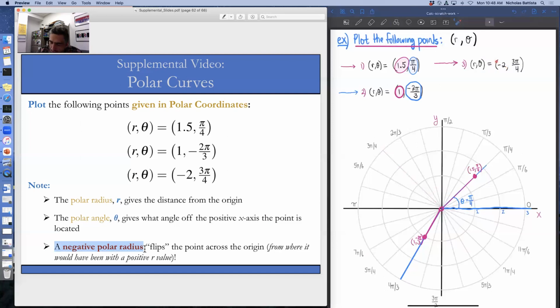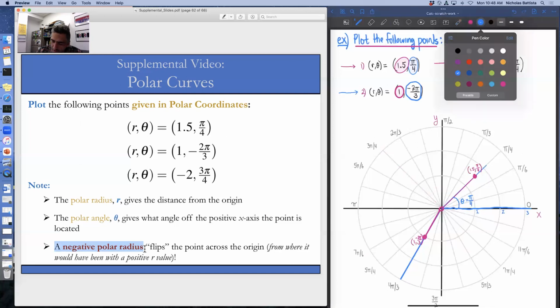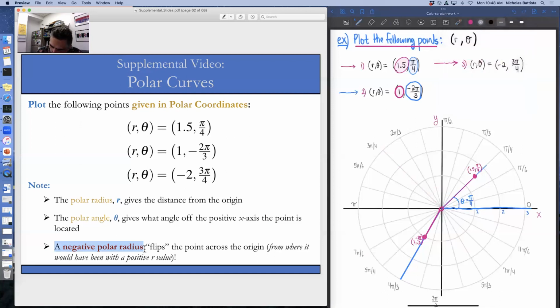However, the other thing we note is we have a negative 2 here. So I just want to do this in 2 steps, actually. Step number 1, let's think about a slightly different point. Let's think about the point positive 2, 3 pi over 4.